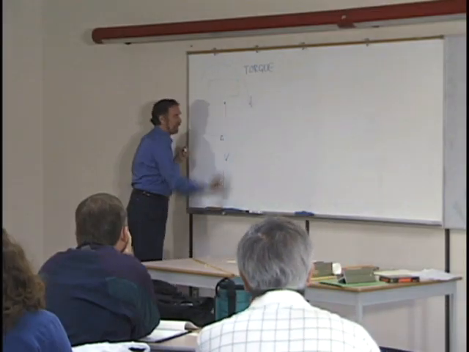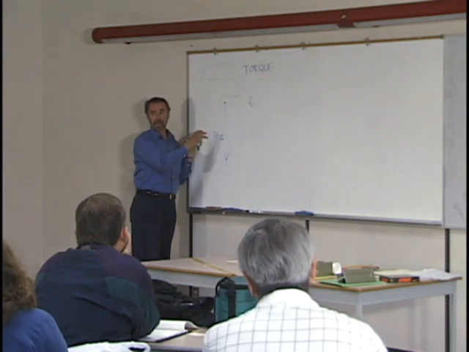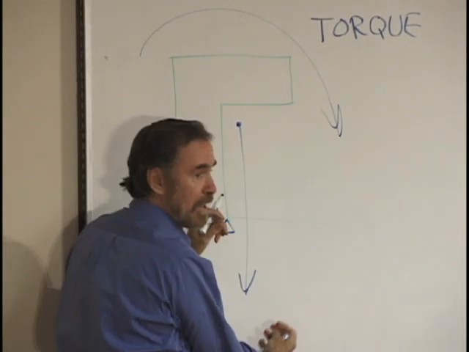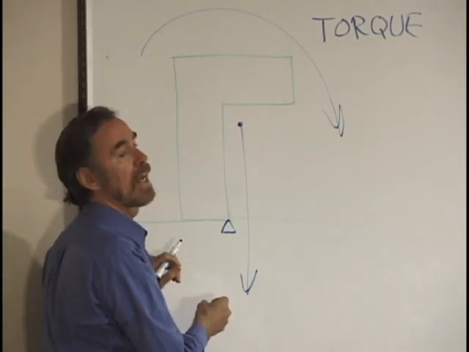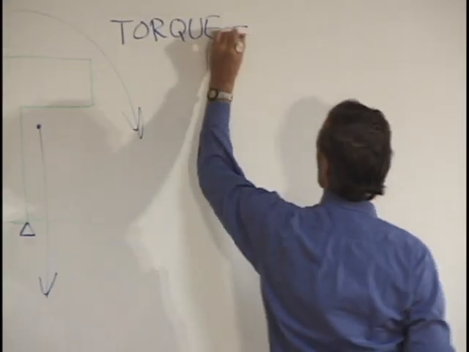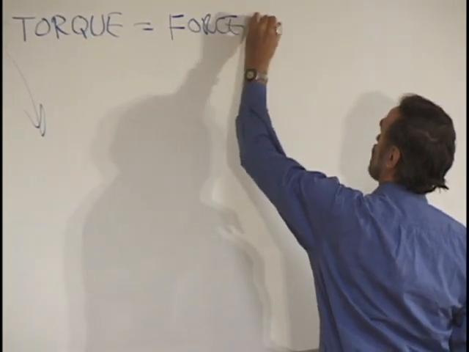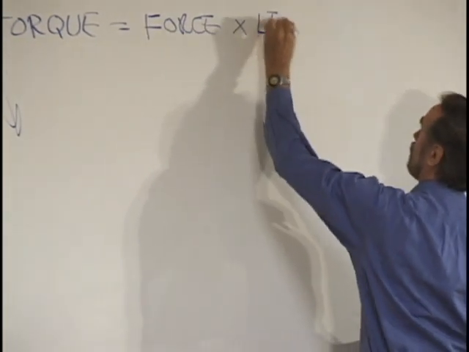So a torque is a force which is off kilter, or an off-center force, or a force that will twist, or a force that has a lever arm. And the torque would be, by definition, some force times some lever arm.